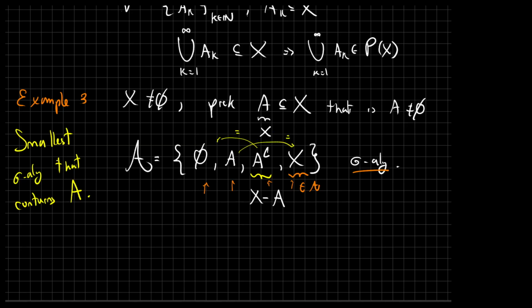So the smallest sigma algebra that contains a subset of X is always a set with 2 or 4 elements. 2 elements if A is X, and 4 elements if A is different from X. It will be these 4 elements.